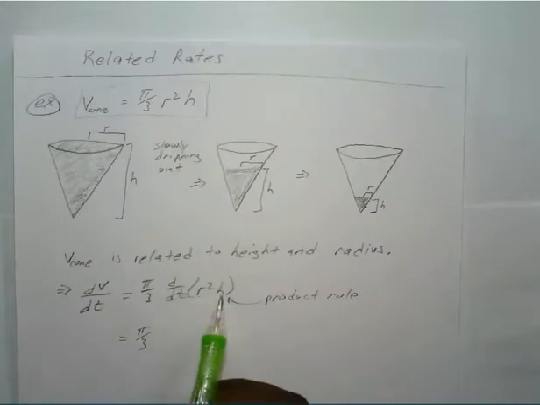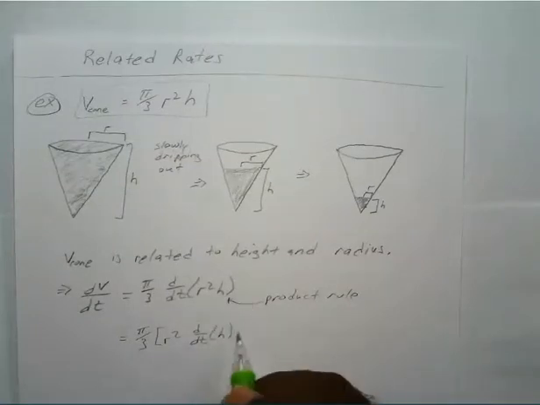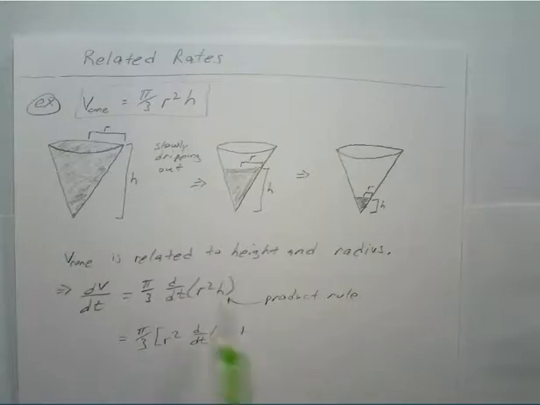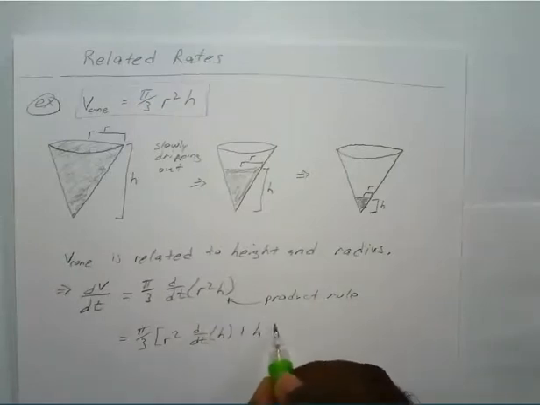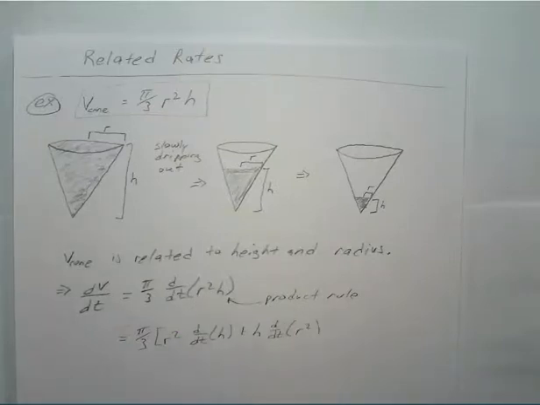You have the first times the derivative of the second. So you have r squared times the derivative with respect to time of h, plus the second, your height, times the derivative with respect to time of your radius squared.